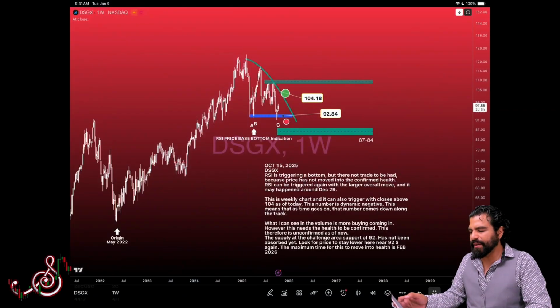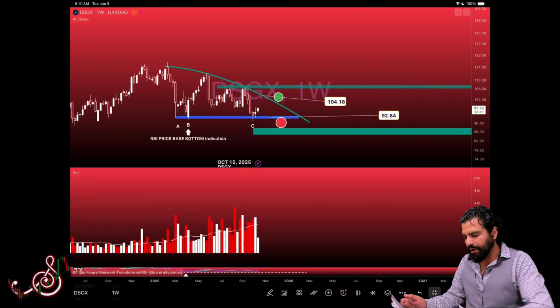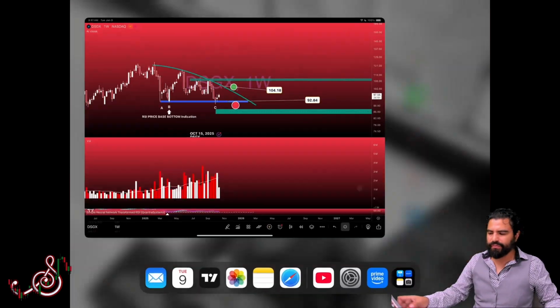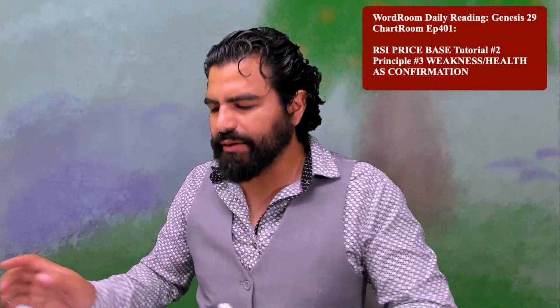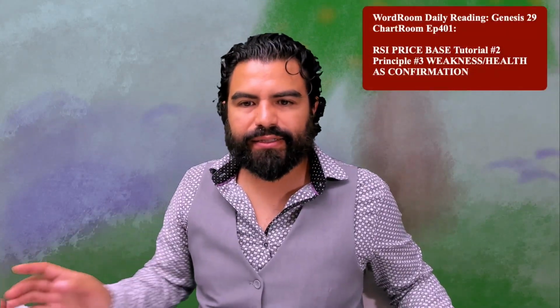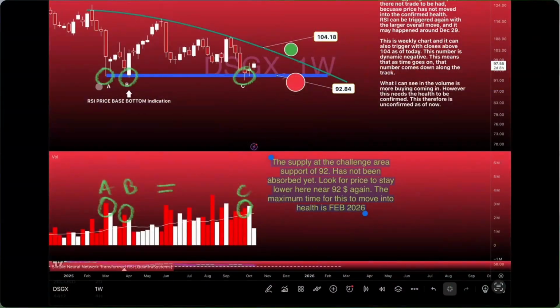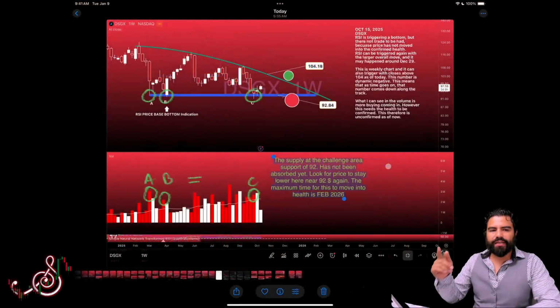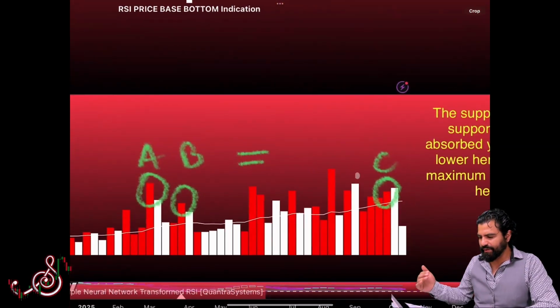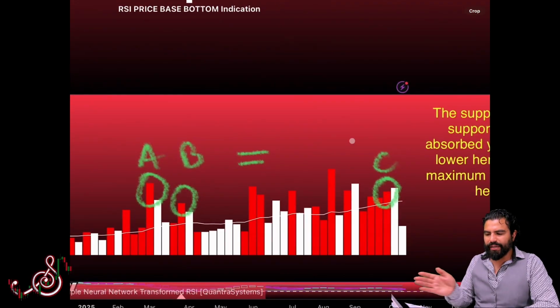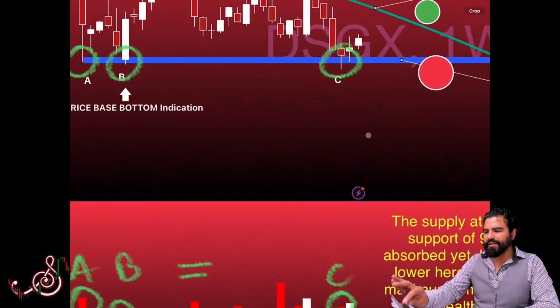And the other thing you need to be aware of, my friend, on the volume, because I just showed you, the challenge area has not been removed. The challenge has not been absorbed on the low side, which means you're going to need to challenge again. See the volume still, if anything, is still equal to B and C. So you're not done playing here.